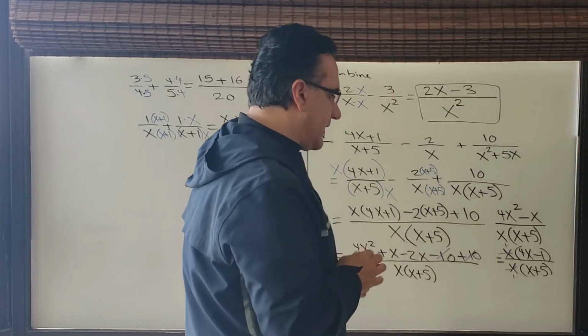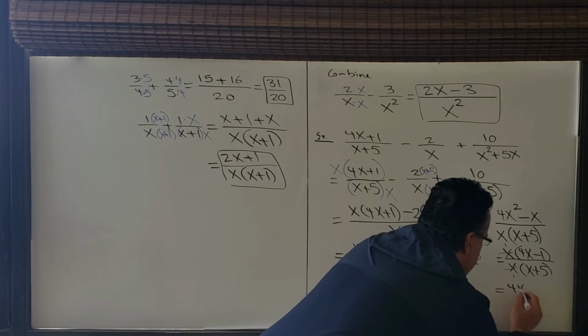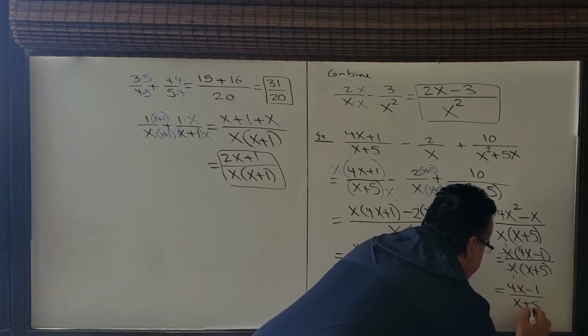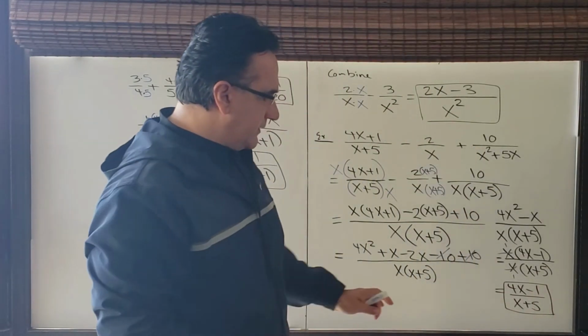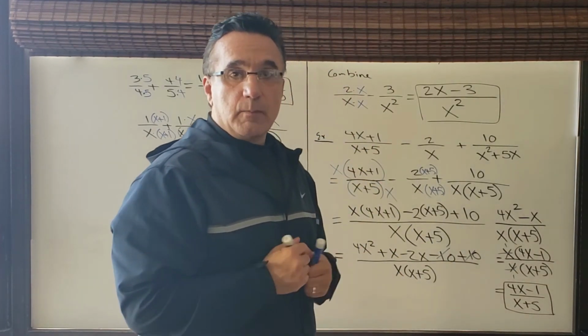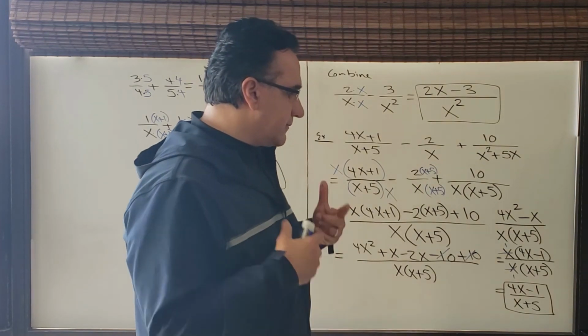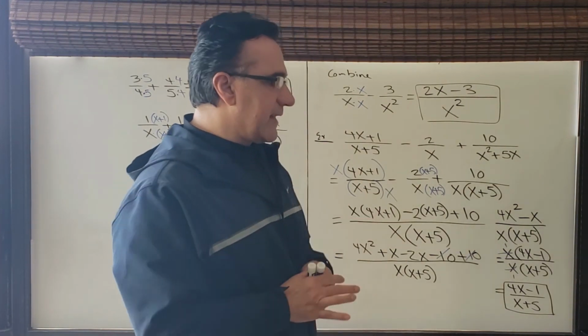So the final answer is just going to be 4x minus 1 over x plus 5. No more legal cancellation is possible, therefore we box it, and that's what we're going to type into MyMathLab. So we'll look at another example in a minute. That's the end of that example for now.